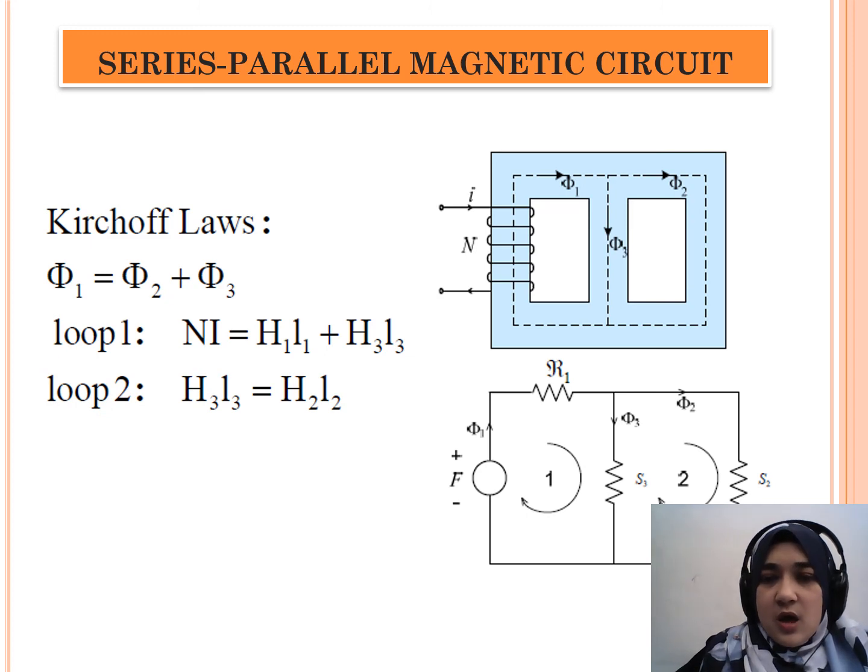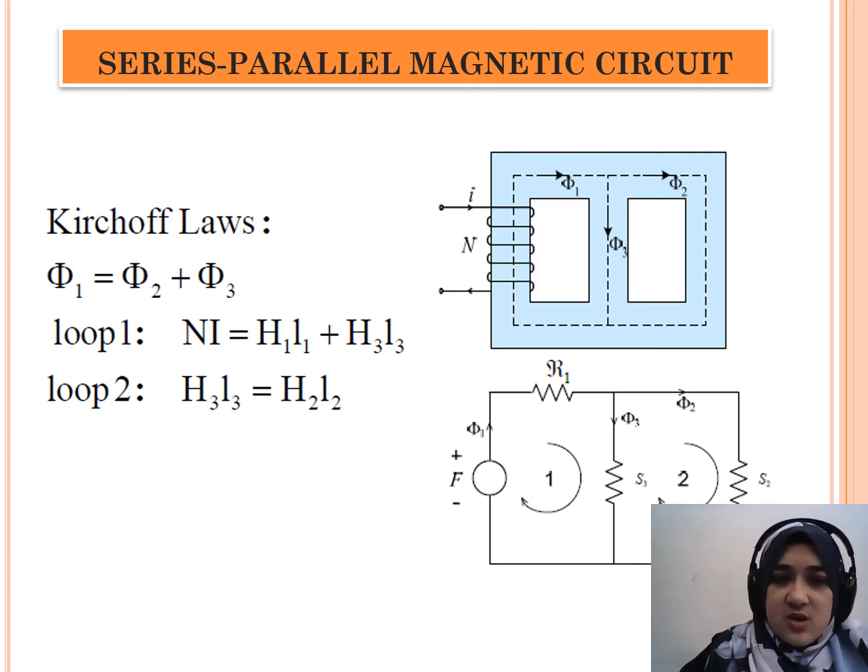Okay, when your coil is at the side, your F will be here. So how to read? Same Kirchhoff law. Phi 1 is equal to phi 2 plus phi 3. So you read the first loop and the second loop. And N I is equal to H1 L1 plus H3 L3. H3 L3 is equal to H2 L2.